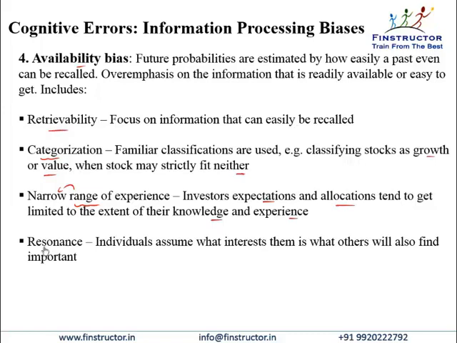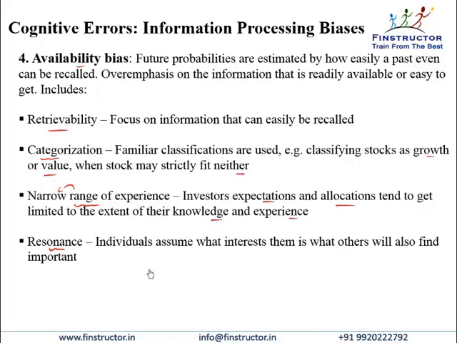Another big problem that happens is that of resonance. So individuals assume that what interests them is also what others will find important. So just because I feel that this stock has a good market position, I assume everybody else will necessarily have the same view.